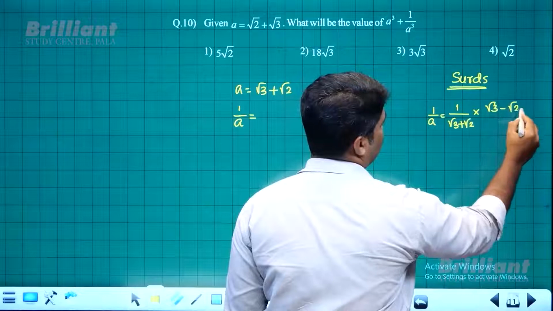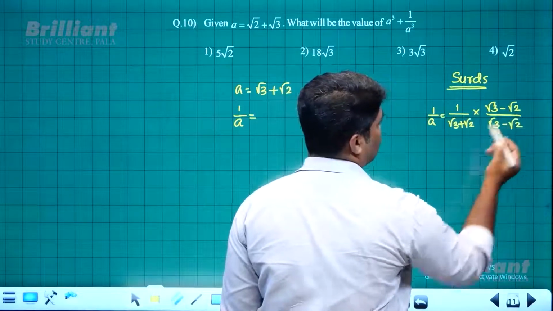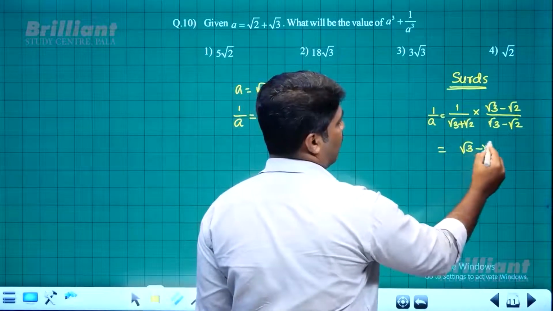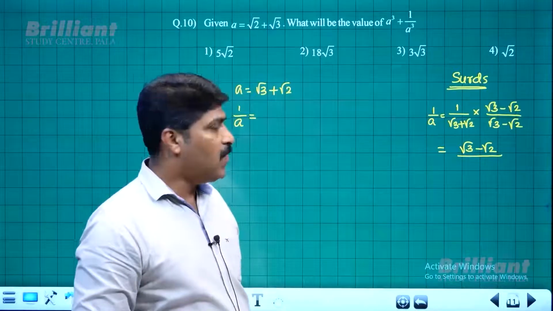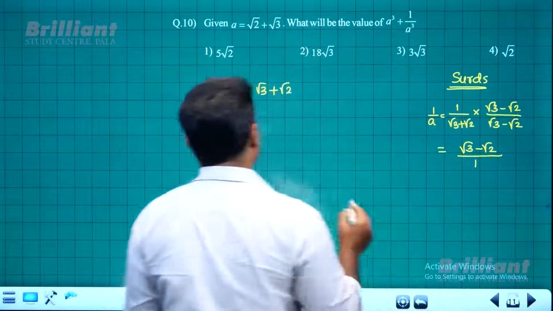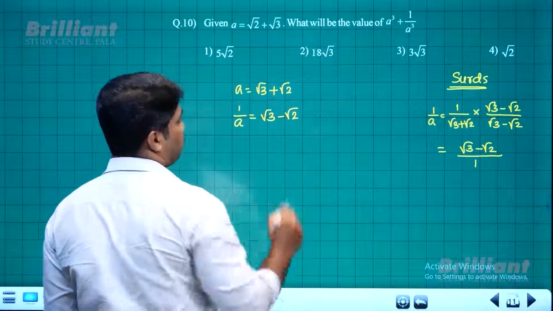That is the conjugate of this denominator. You will get the numerator as root 3 minus root 2. What about the denominator? That is root 3 square minus root 2 square, which will be equal to 1. So here the conjugate of this value is root 3 minus root 2.